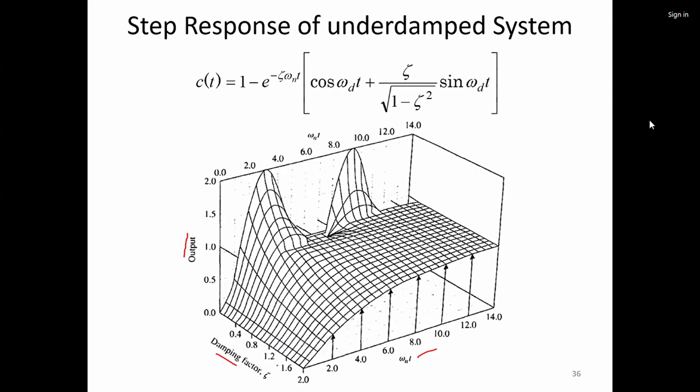But as you gradually increase the damping factor, you can see that at maybe damping factor above 0.8, there is no oscillation in the system. The input just gradually increases and merges with the output. So this gives you some understanding about how the output of a second-order system behaves with respect to time at various damping in the system.